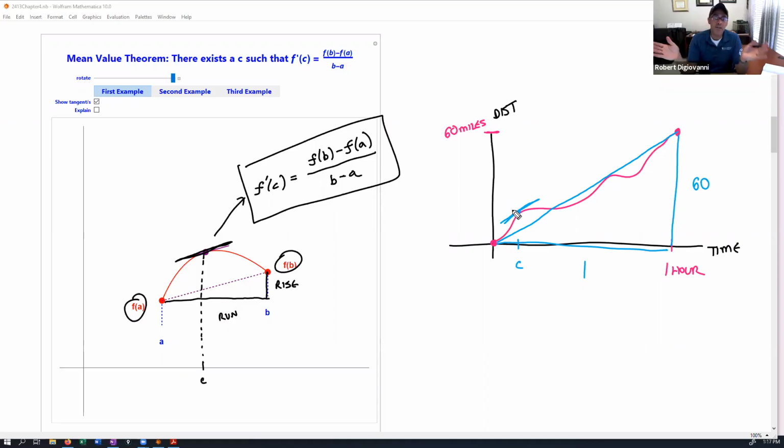If your average speed for the trip was 60 miles per hour, the mean value theorem says you had to at some point have gone 60 miles per hour. It's impossible for you to average 60 miles per hour and never have gone 60 miles per hour. That's what the mean value theorem says: you must achieve your average value somewhere.